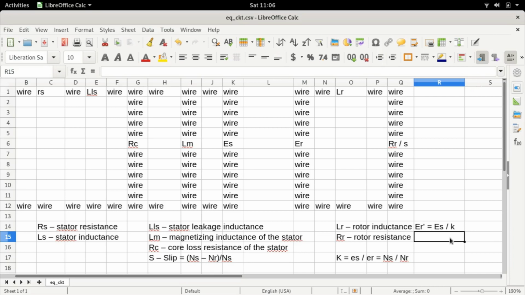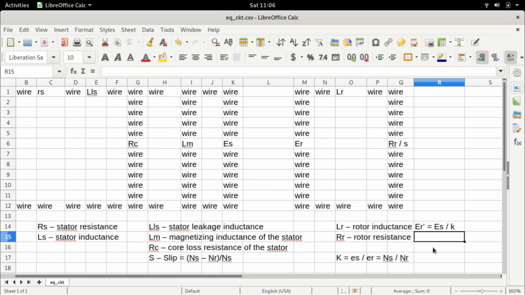We have now this definition of ES divided by ER, which means we can transfer all our terms in the rotor side to the stator side, just like we did for a transformer. In a transformer, you can refer all the parameters on the secondary to the primary using your turns ratio, and we can do exactly the same thing here as well.